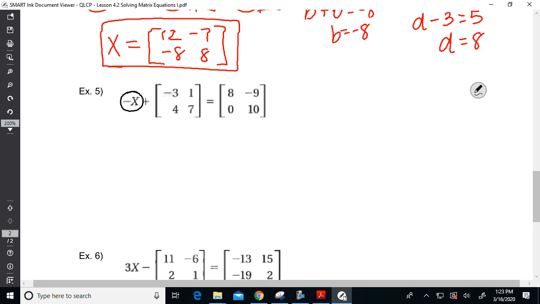Remember, if there's no number in front of a variable, there's an understood 1. And since there's a minus sign in front of that, this would be negative 1 times matrix x, which means negative 1 is now a scalar. So that's the same thing as negative 1 times the 4 parts that would be inside of that matrix.